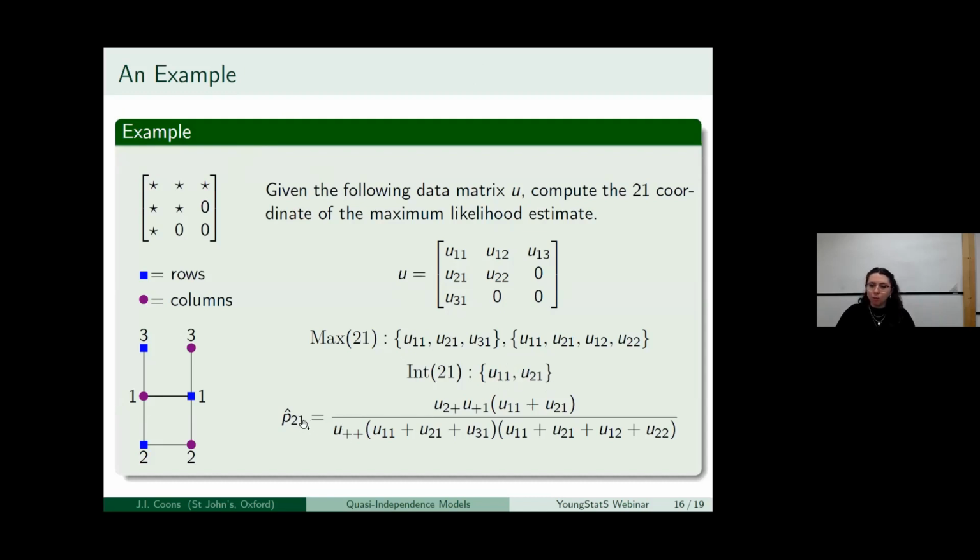So to get the 2, 1 entry of the MLE, I take the second row marginal, so U2 plus times U plus 1, then times the sum of the entries in this one intersection set, and then P2, and then for the denominator, we get the sum of all of the data times the sums over each of these maximal cliques.